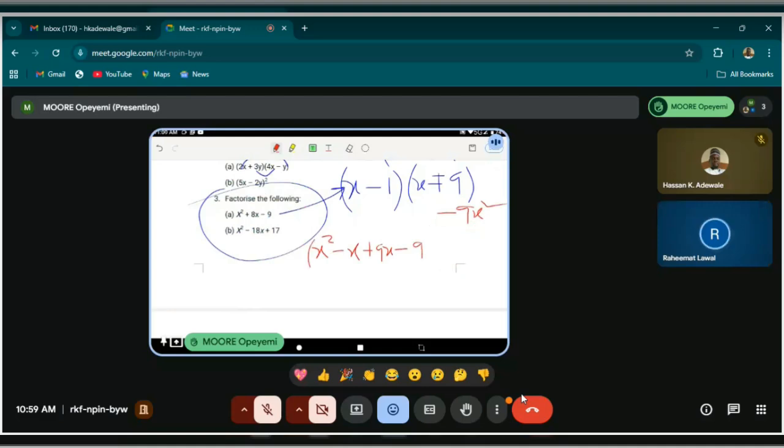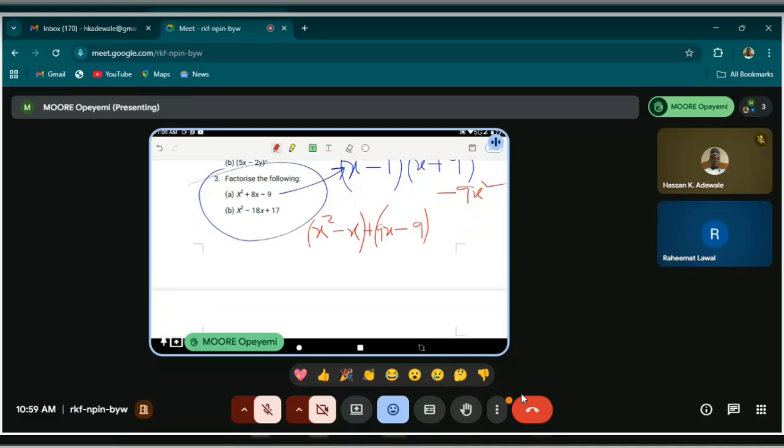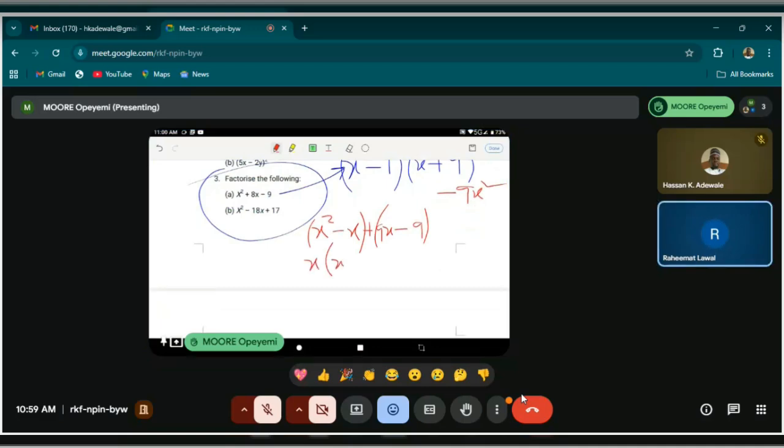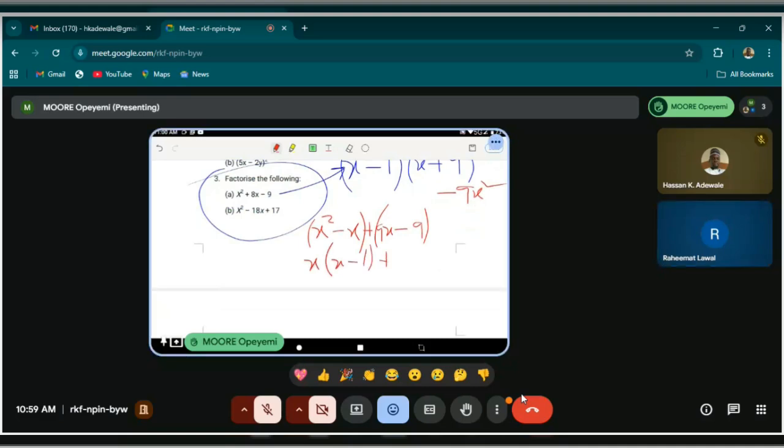So we group the first two terms and the last two terms like this. So we have x common factor, then x minus 1 in bracket plus 9 into x minus 1. So you pick one, x minus 1, and the other one is x plus 9.